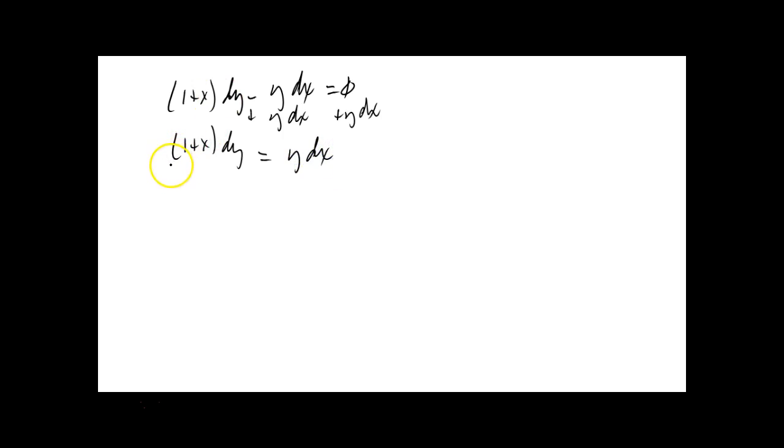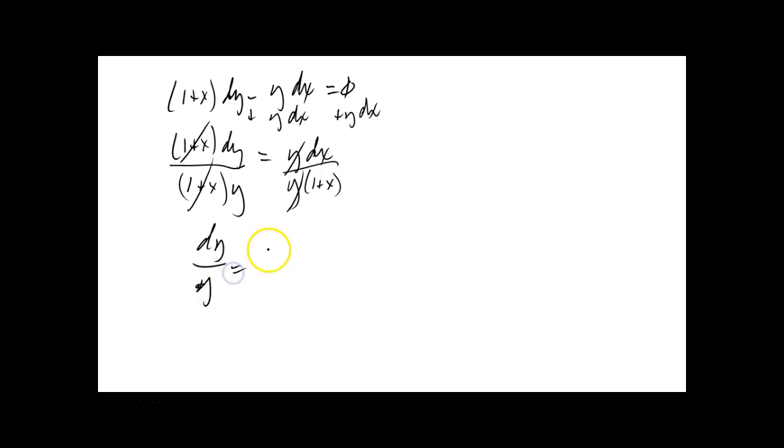Well, I don't want this 1 plus x over here, so I'm going to divide by 1 plus x, which means I divide this side by 1 plus x. But I don't want the y over here, so I'm going to divide that by y and this by y. 1 plus x's go out, the y's go out, and here you have dy over y is equal to dx over 1 plus x.